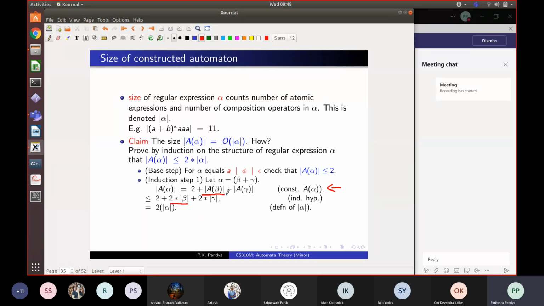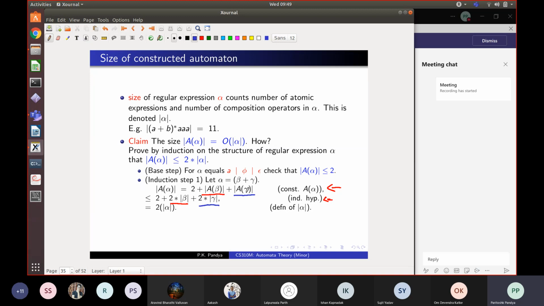The red underlined term can be replaced by the red underlined term. Why? Induction hypothesis. This is a very important step. See, induction is our friend. We can assume something about beta and then show that. Similarly, for gamma, the size of the automaton for gamma, we can assume is at most 2 times the size of gamma. Right? By induction hypothesis.